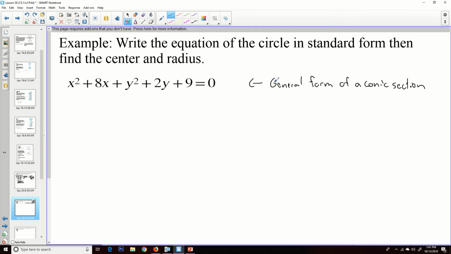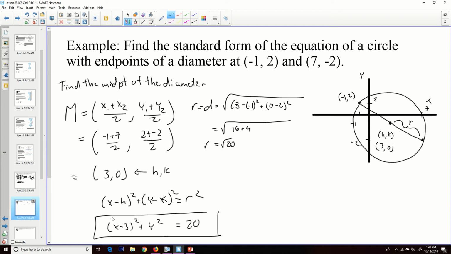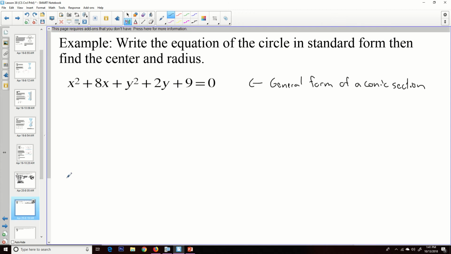And so we are going to put this back into this particular form, x minus h quantity squared plus y minus k quantity squared equals r squared. We're going to put it in that form by completing the square.